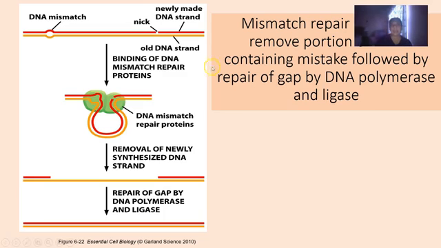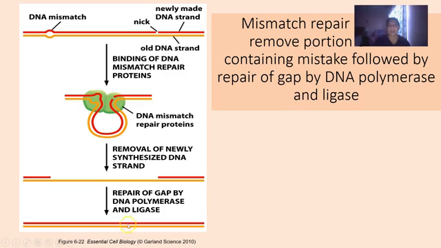They work together where one of them binds to the DNA mismatch, the place that is not in the appropriate conformation, while the second one makes a nick further downstream on the new strand and binds to that. That whole section is then looped out and removed from the replicated DNA. Again, it's only removing the newly synthesized strand and not the parent strand.